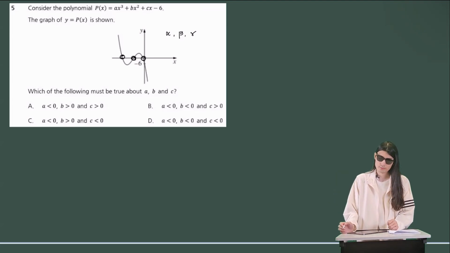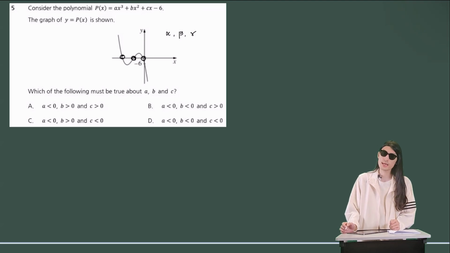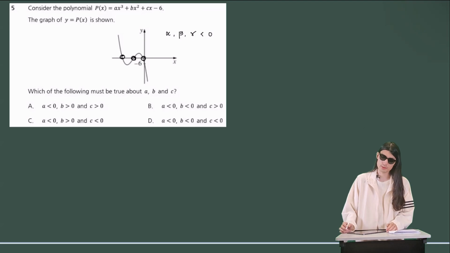Is that all 3 of the roots are negative values, aren't they? These are all less than 0. So then the sum of those roots must also be negative.